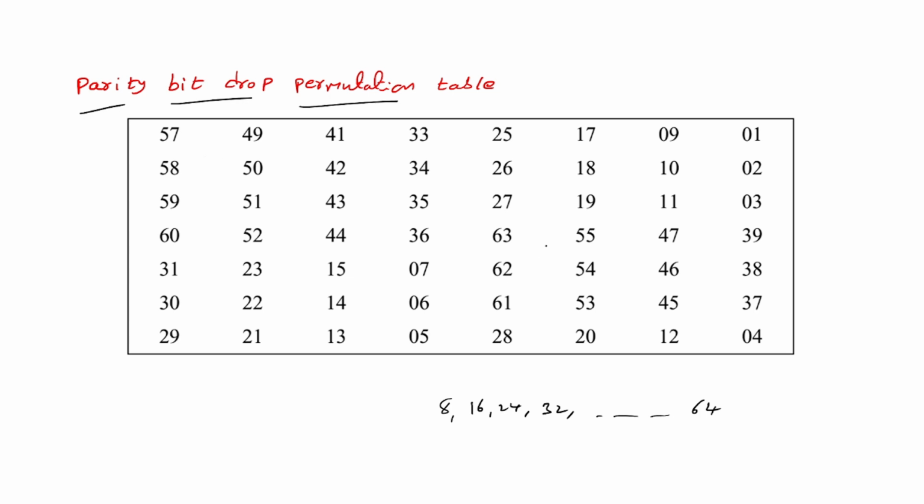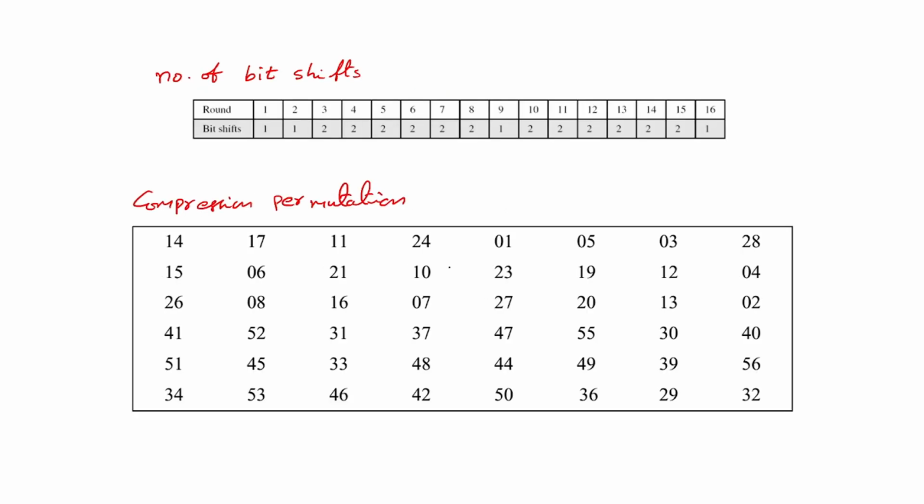All these are permuted. This is the compression P box. The 57th bit will become the first bit, the 49th bit will become the second bit, the 41st bit will become the third bit, and so on. These positions are predetermined, as are the number of bit shifts.